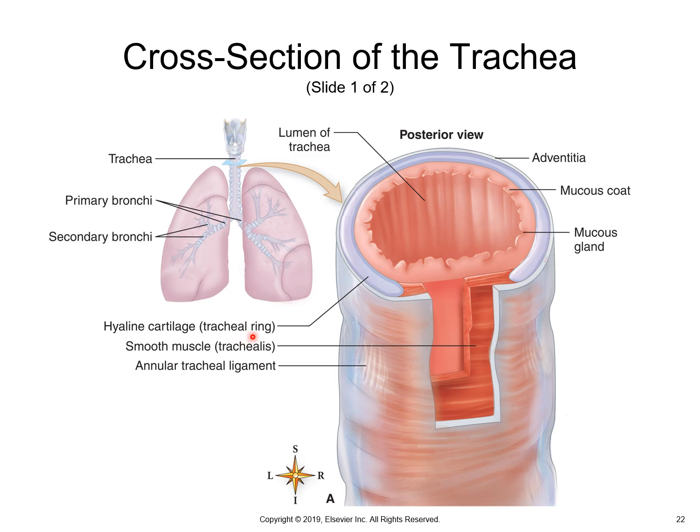That is the reinforced C-shaped rings of cartilage that help keep the airway open. The rings also prevent the trachea from collapsing, while allowing for flexibility and movement. So that's the cartilage. As you can see, it's a C shape.